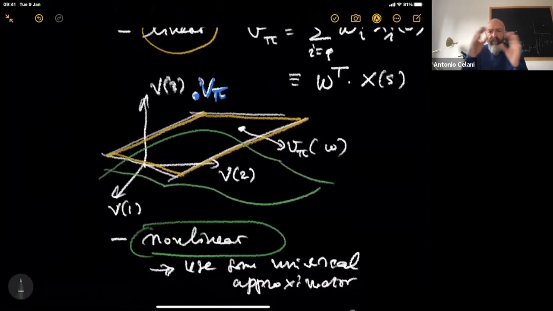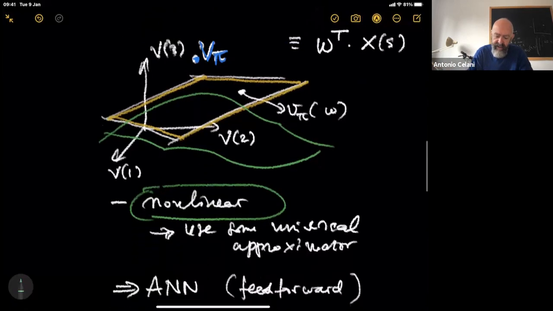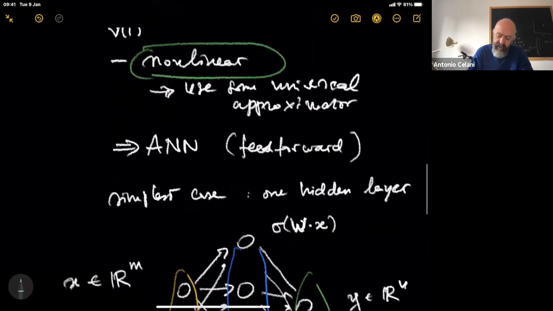This is my depiction of something which is curved and depends on the parameters. But again, you have to reason in very high dimensions, so this is not very accurate as a graphical description. And of course, these W's, these weights, are, so to speak, the coordinates on these manifolds, over a plane or over this surface, the green surface that I drew.